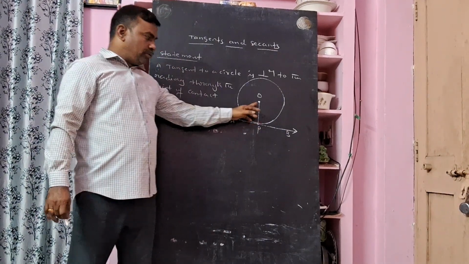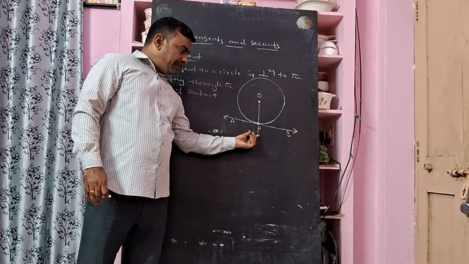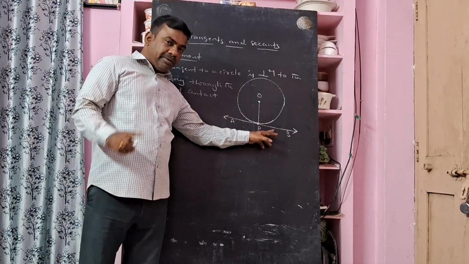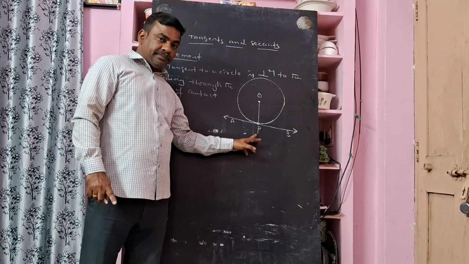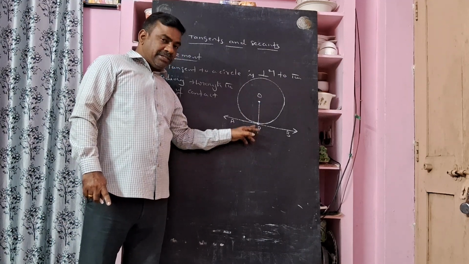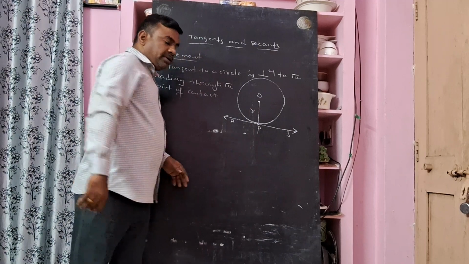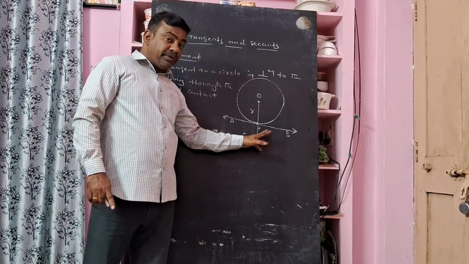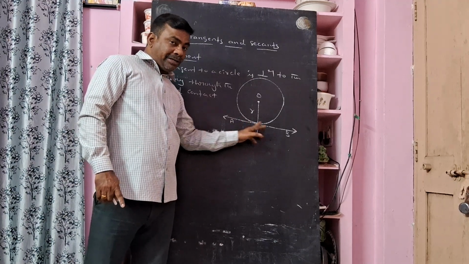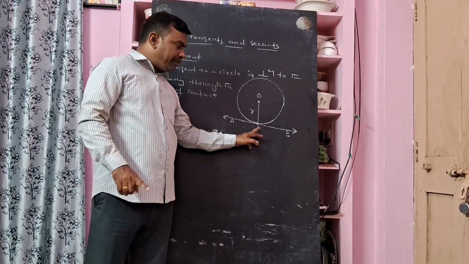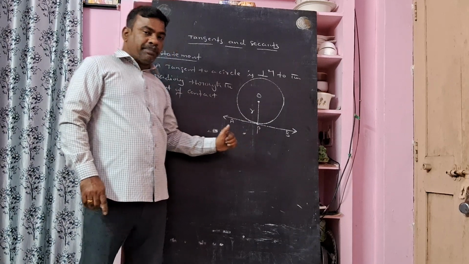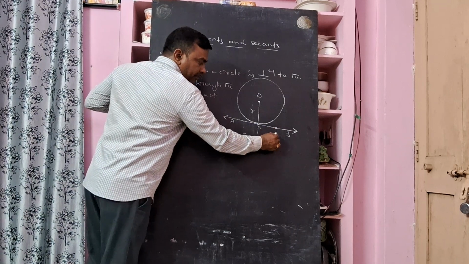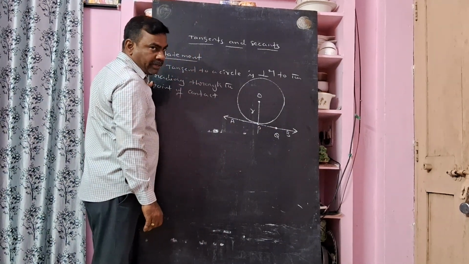P is the contact point, and the only common point of the circle and the tangent is P. If you take any point on tangent AB other than P, what happens? Suppose this is the point Q.